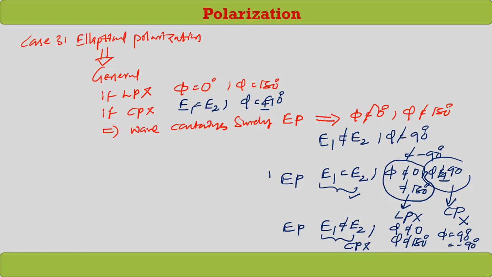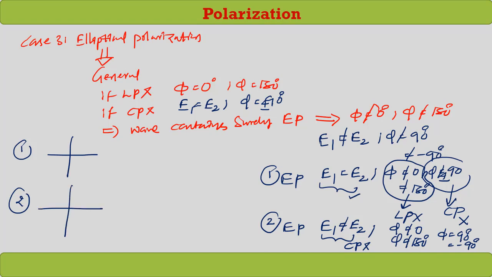I am giving the numbering here, 1, 2. First type of elliptical polarization, how it will be available, and second kind of polarization, how it will be available. Since we have plus 90 and minus 90, related to LHEP or RHEP, I will talk with respect to plus 90.